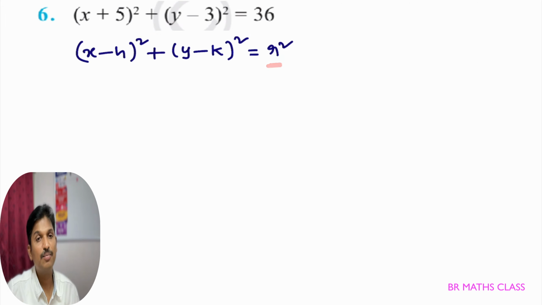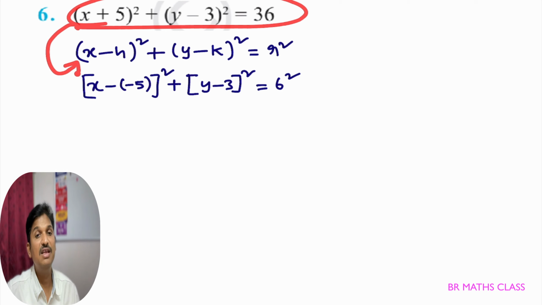Now that x plus 5 is given, I'll write it like this: (x plus 5) whole square plus (y minus 3) whole square equal to, that 36 I'll write as 6 square. What happened? I wrote this equation exactly into this form so that we can easily identify what is center, what is radius.